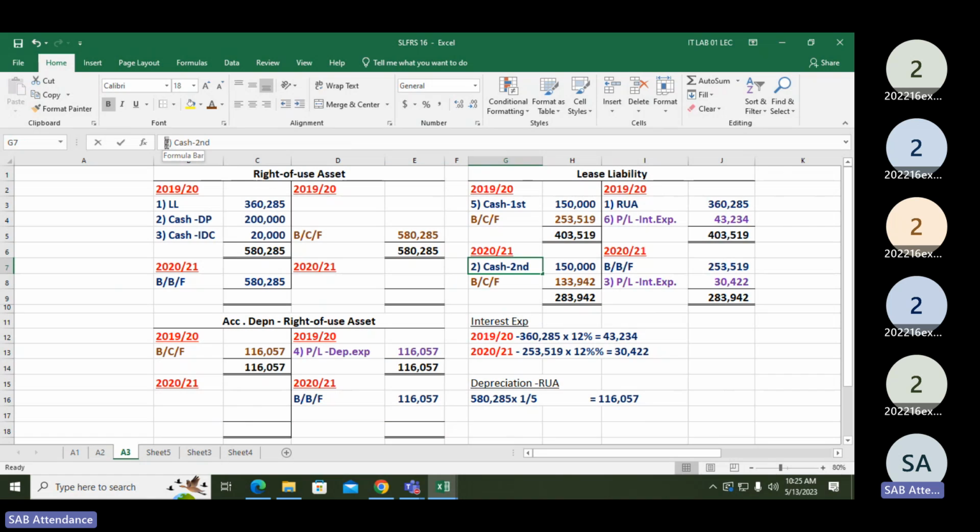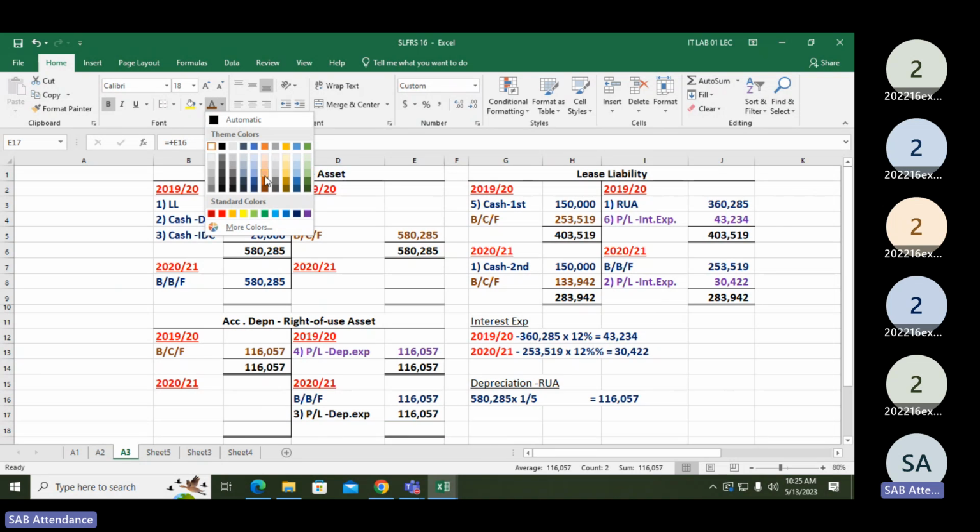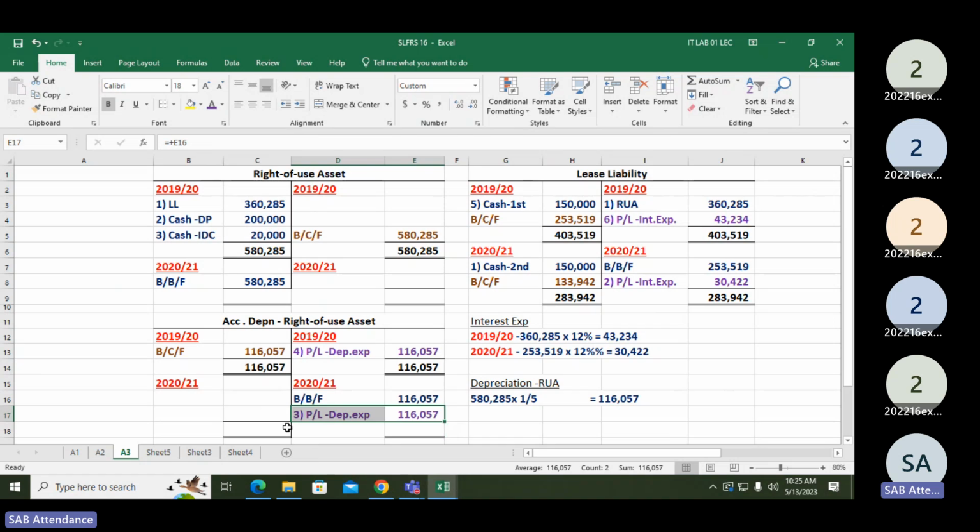Second year, this is the first entry. And second year, second entry: interest recognized. Second year, third entry, you can have the depreciation charge to PNL.